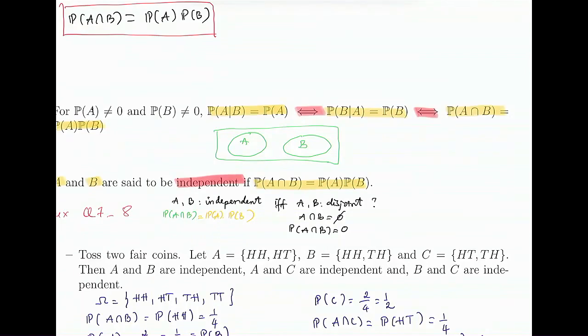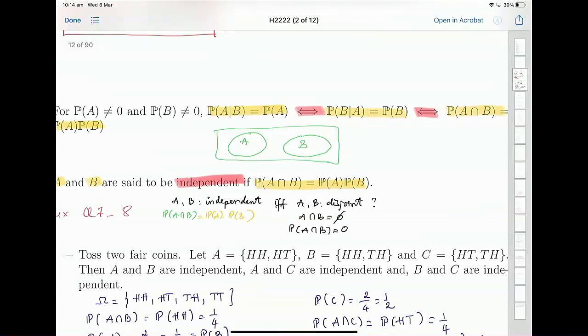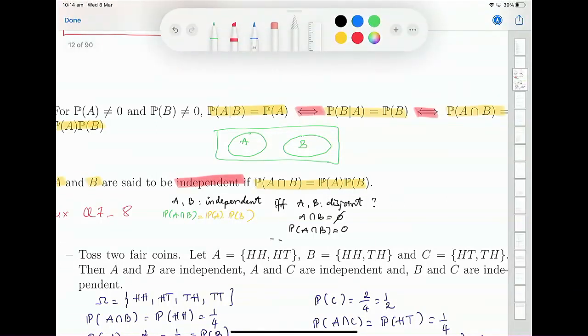We toss two fair coins, so we have 4 cases. Now what is the probability of A intersect B? A intersect B is head-head, right?